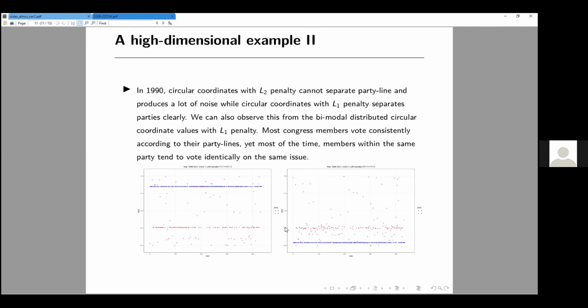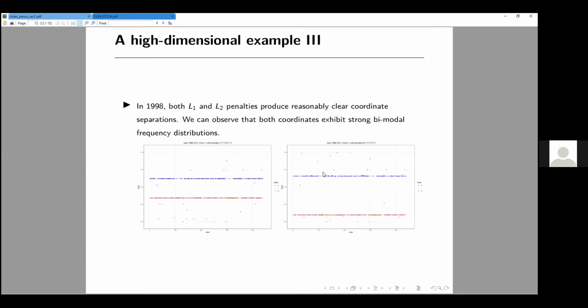That means there is some sparsity in the voting records, and it seems that the voters are voting according to their party lines. When the time goes on to 1998, it seems both L1 and L2 are separating party lines pretty well. In that case, we do not have a definite conclusion about whether it is sparse or non-sparse, because both L1 and L2 circular coordinates exhibit strong bimodal frequency distributions.